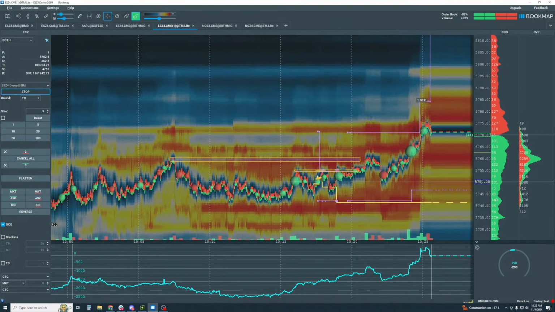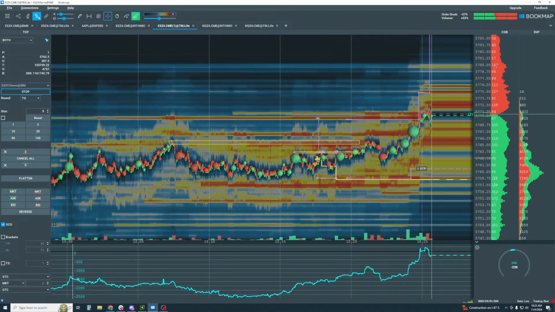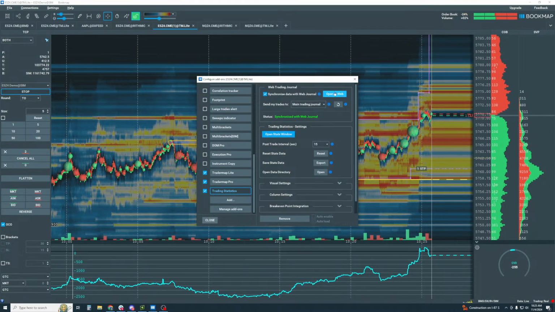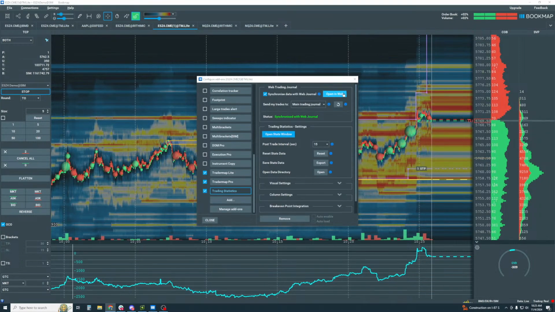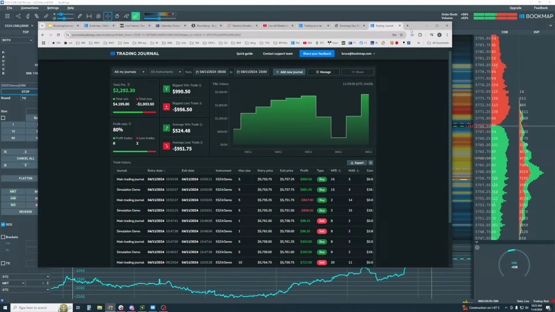All right, so let's go back here, and we'll go back to Trading Journal, and we're going to open up our web trading journal. Now, you guys also can open up your trading statistics in here and look at this, but we're going to open up the web journal, and there are some new edits coming soon.